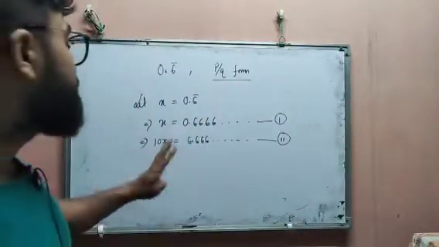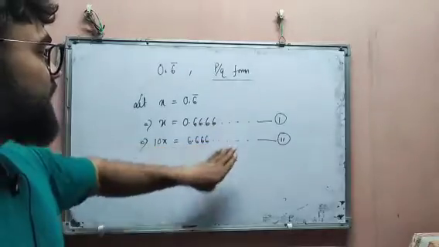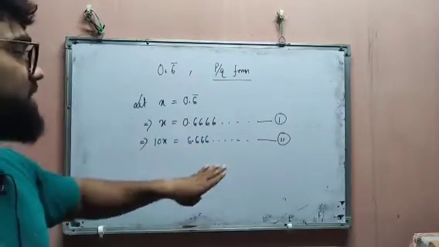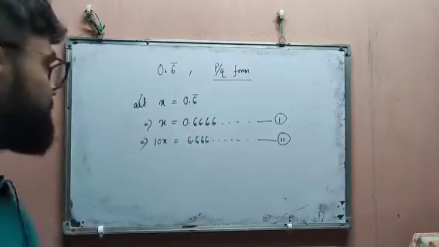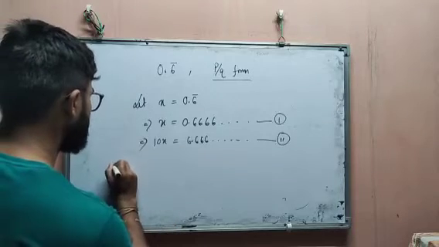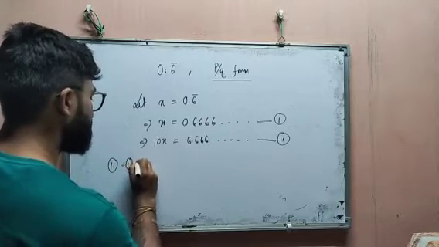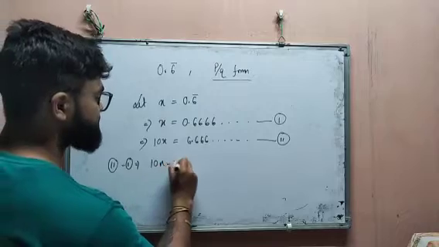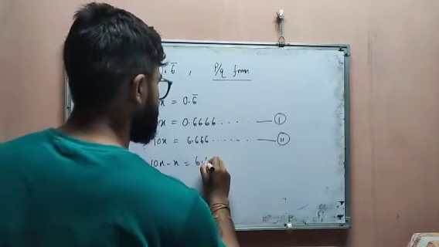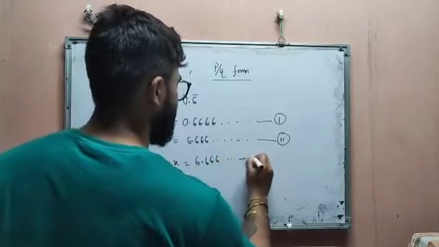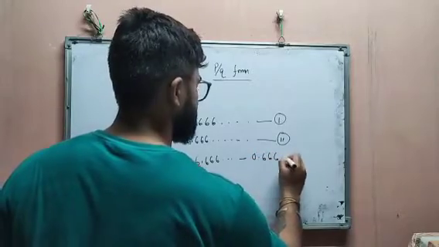What we have done, we multiplied both sides by 10. So after multiplying by 10, the point moves one place back. Okay, now simply 2 minus 1, what will we get: 10x minus x, and here 6.66 dot dot minus 0.66 dot dot.